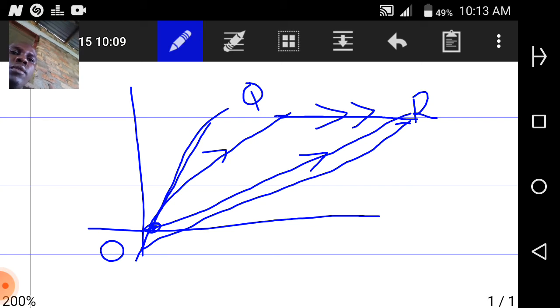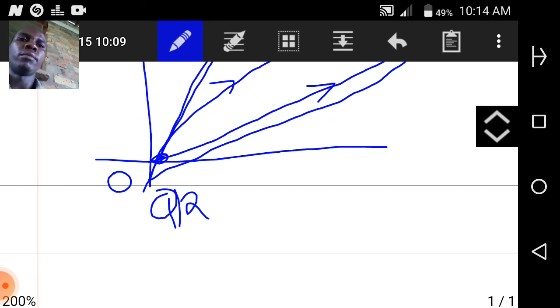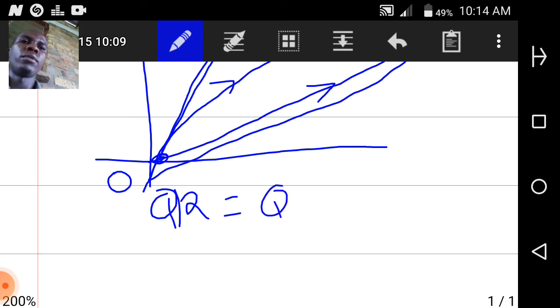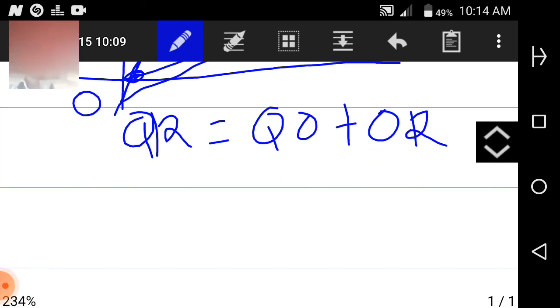So in simple terms, our QR is the same thing as QO plus OR. We don't have QO, but QO is the same thing as OQ in the negative direction.